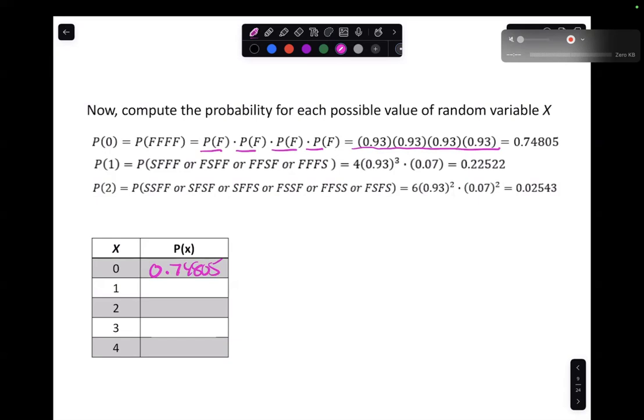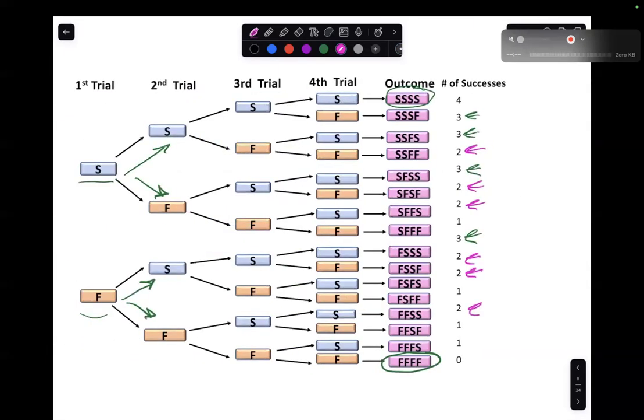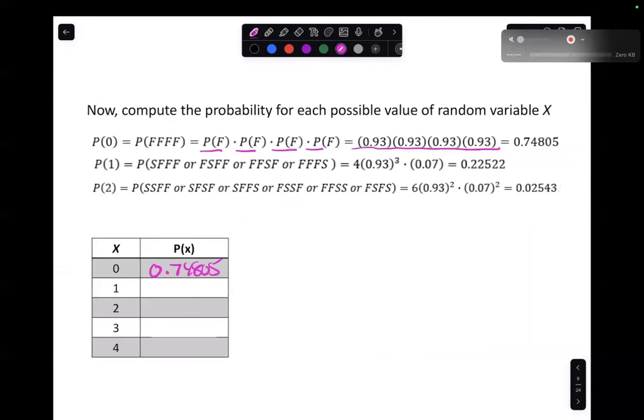So there were 4 different ways to get 1 success. So we go back here. There's 1, 2, 3, 4 different ways to get 1 success. To get 1 success, I have 3 failures, so that's 0.93 to the third power, 4 times, and 1 success.